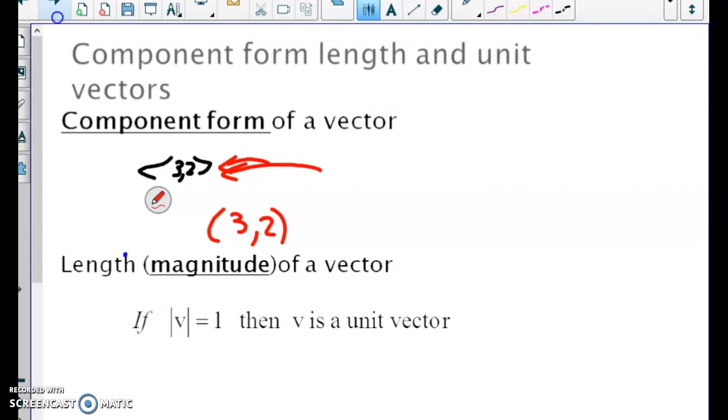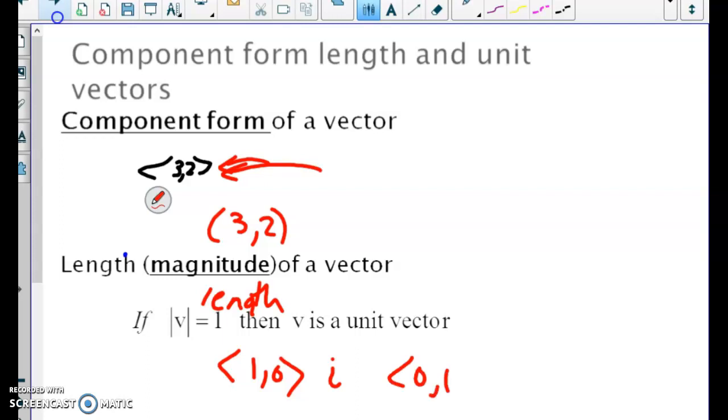The magnitude is the length of how long something is. And we know that a unit vector is 1 unit long by its name. If I have a 1, 0 vector, we would consider that an I vector because it's 1 unit in the X direction.